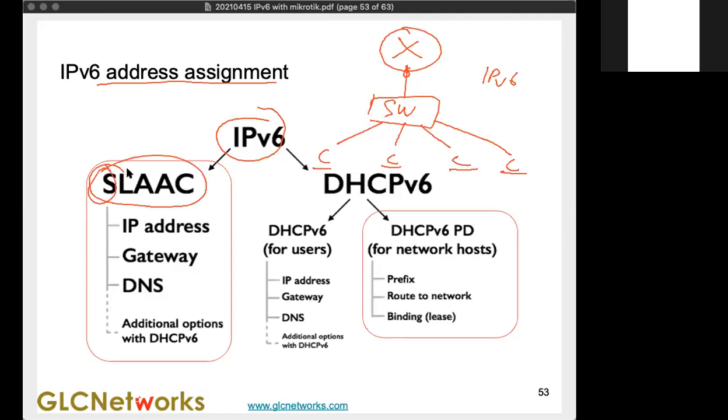SLAAC is stateless address autoconfiguration. So this is one way you get an IP address. You have two choices: you can use SLAAC or DHCPv6.